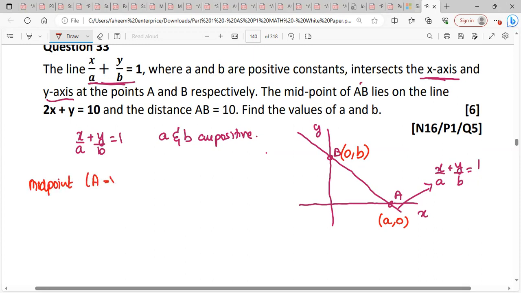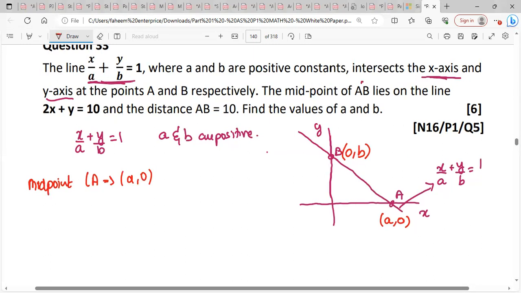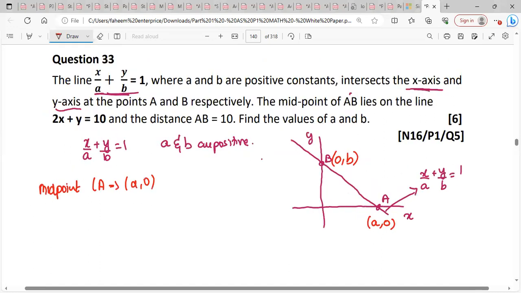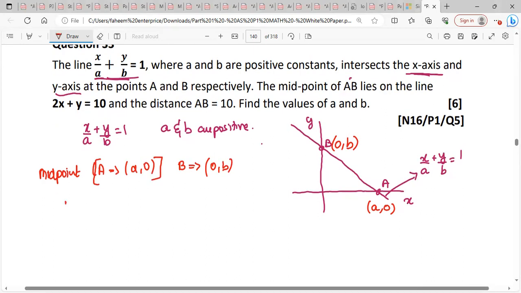A is (a, 0), whereas B is (0, b). I can easily take out the midpoint using the midpoint formula, that is (x1 + x2)/2, (y1 + y2)/2.